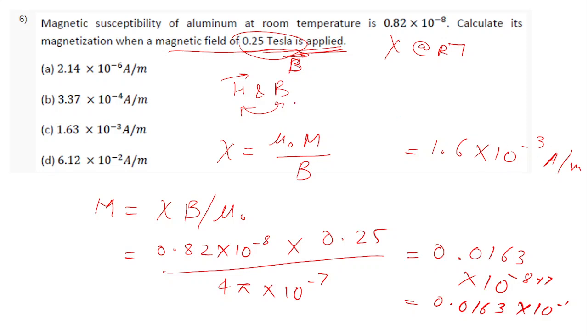This is the magnetization. This is the correct answer, but we have to put it in the form given, as one of the options should match. We'll just change the place of the decimal point and it will match the answer. So C is the correct answer.